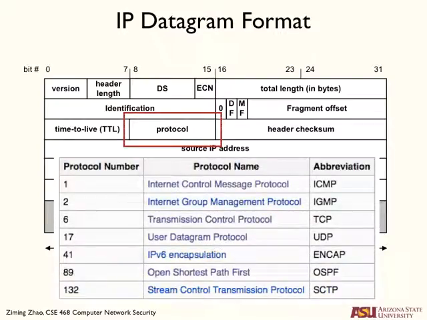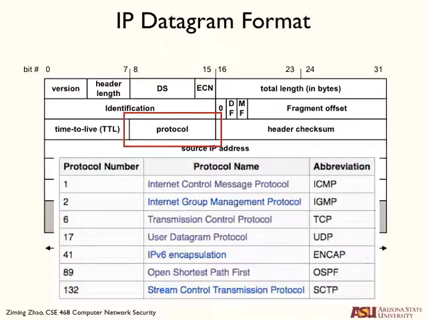The first one is called protocol. Similar to the frame we discussed last week, in the frame there is a protocol field. When the operating system receives one frame, it checks the protocol field to decide which handler should process this message. The IP protocol has the same thing, and it specifies what the payload in this IP packet is.